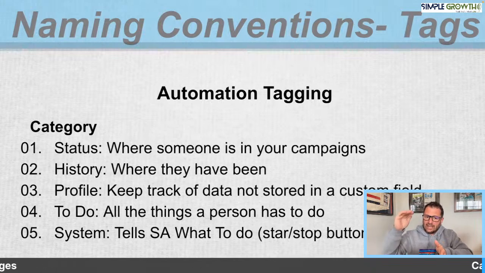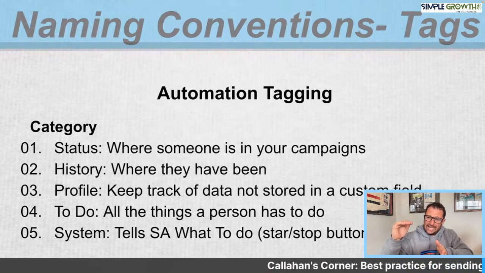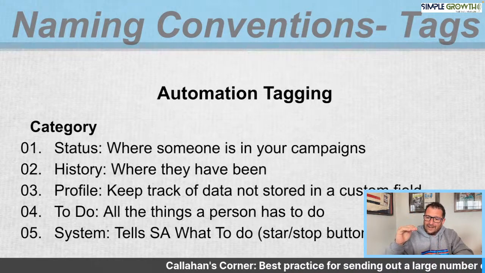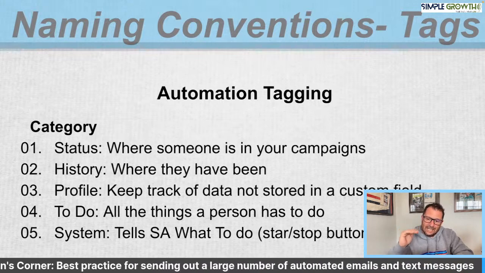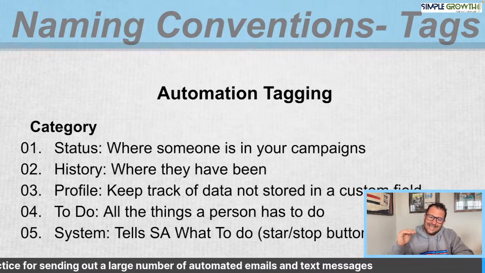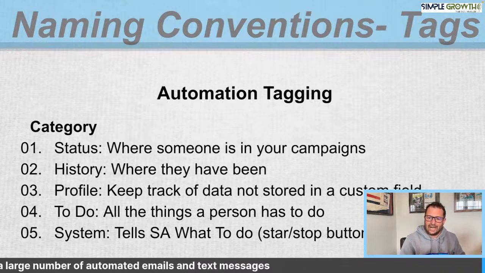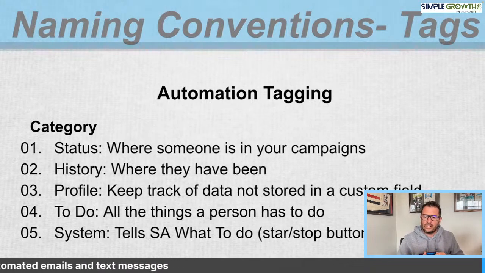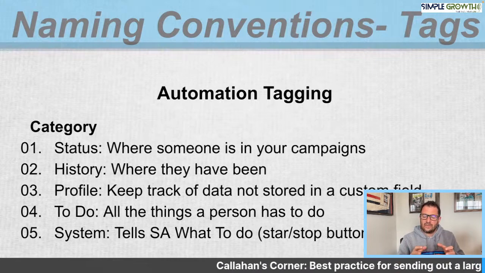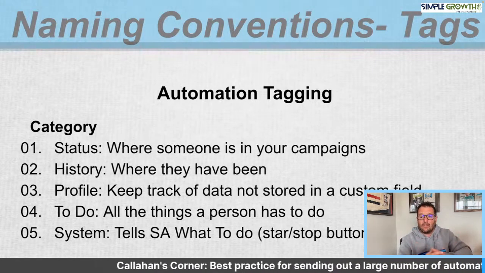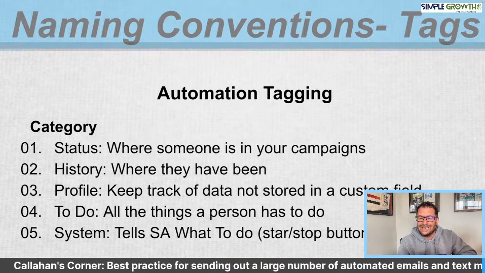Now, what we've done is been able to track the status of where they're currently at, the history of the last place they've been, the profile, any data that is on the client that's not stored in a custom field, any tickets or to-dos that are triggered, and then system tags literally are kind of the analogy of when you were a kid going to the carnival or an amusement park. That's your ticket to get on and off the ride, or the automation. And that's how we stop the system from inadvertently going out and pushing out multiple communication points to the same person in error.